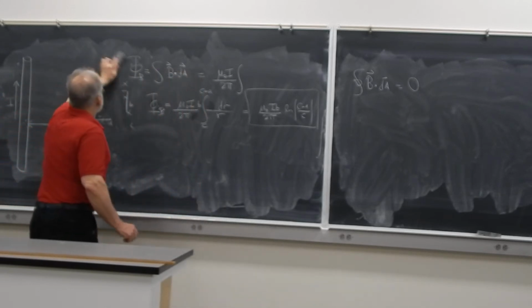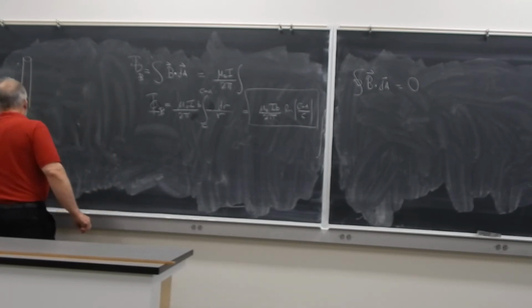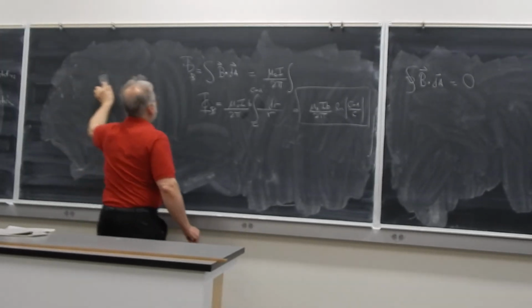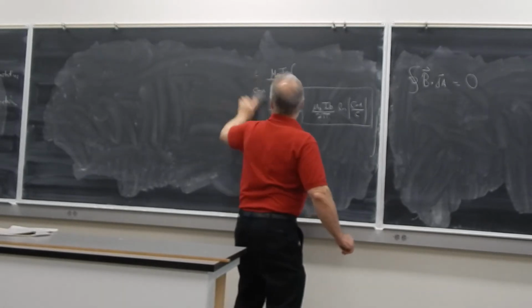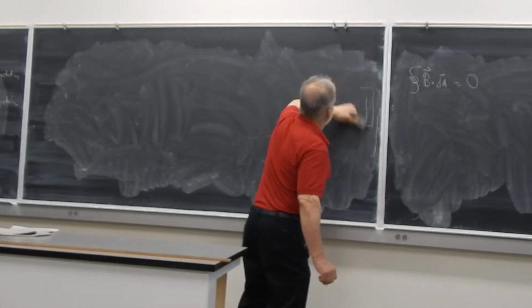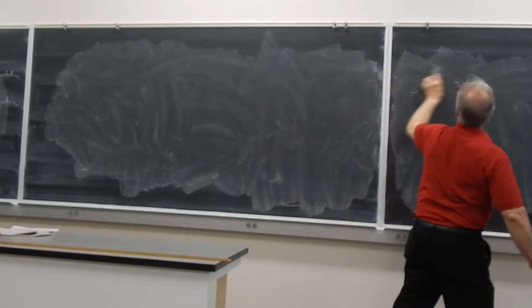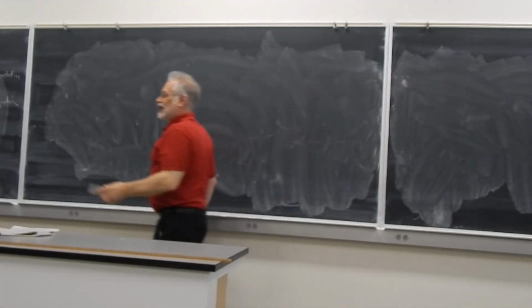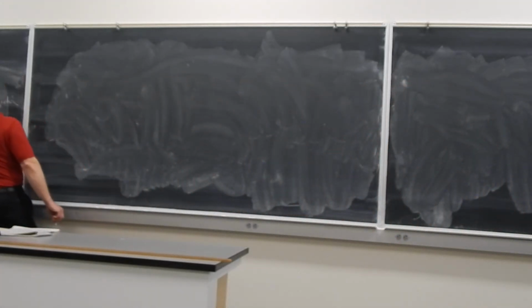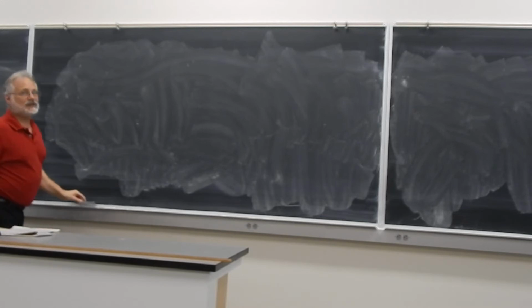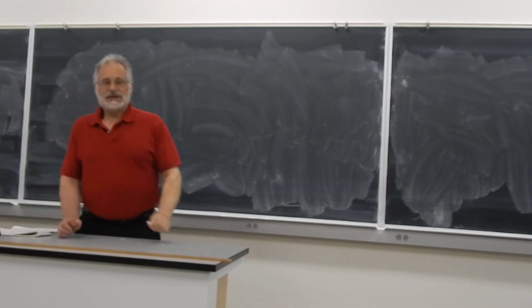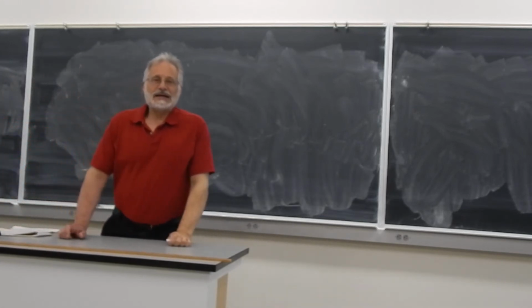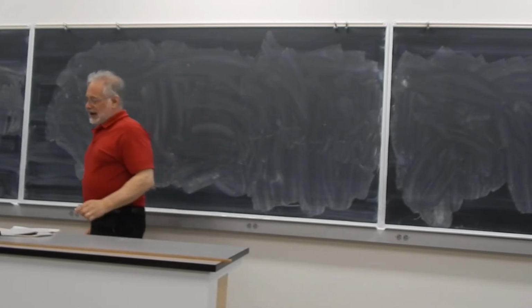I'd like to change gears and let's talk about a more microscopic view of magnetism. And then move into descriptions of three types of magnetism that we can talk about: ferromagnetism, paramagnetism, and diamagnetism.